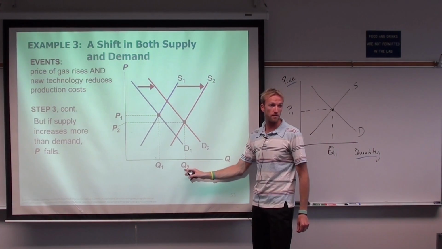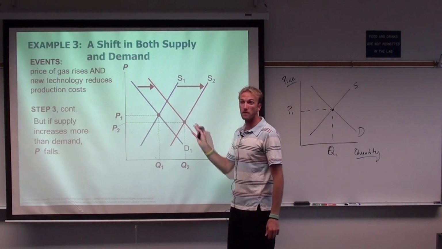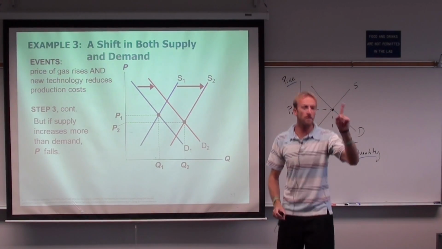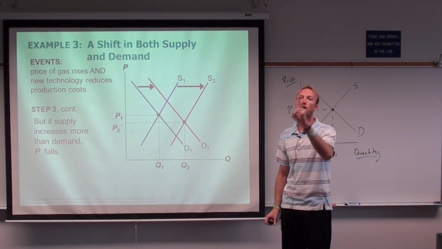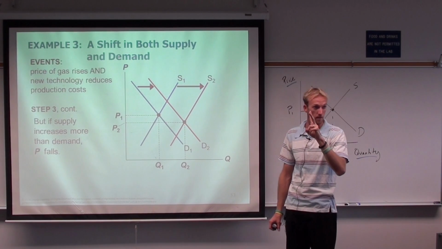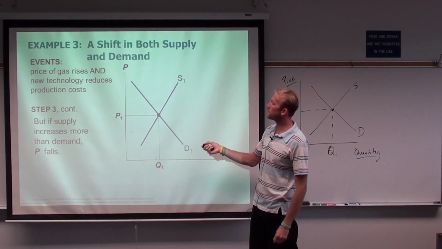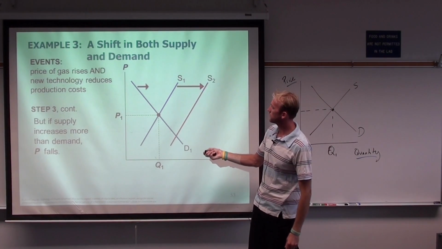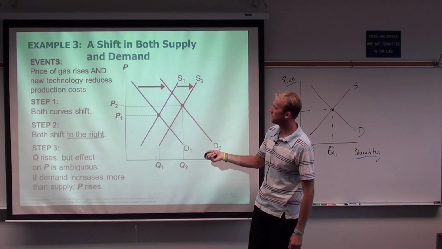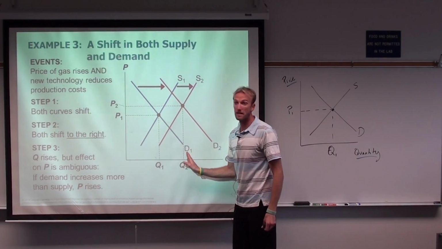but the quantity is still higher. Okay? So the key is here, when you have two curves shifting, you're going to have one of the things you know for sure, and one of them you have no idea about. Okay? It just depends on how the curves move. And when we have one that moves for sure, we call that unambiguous.